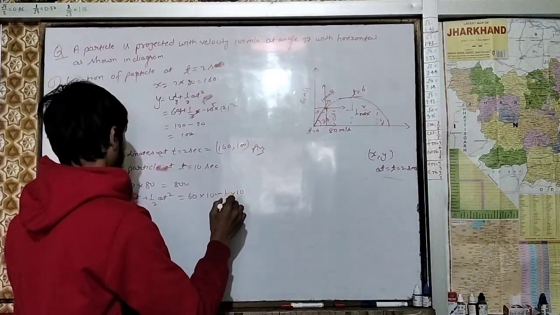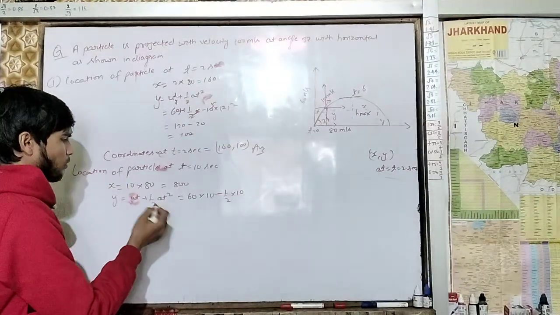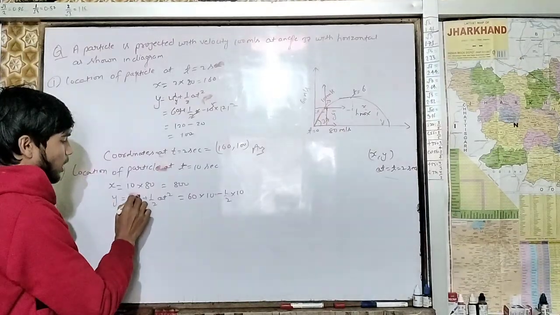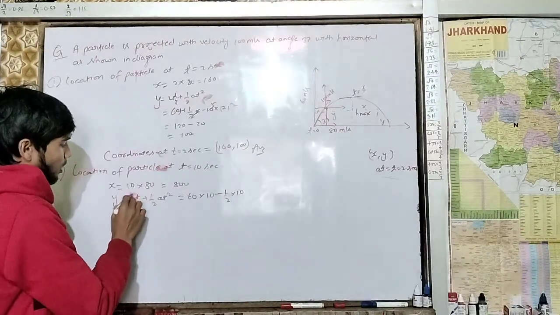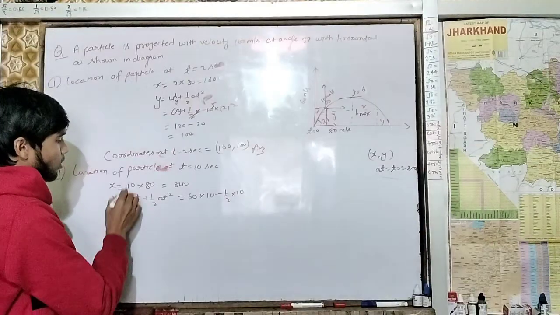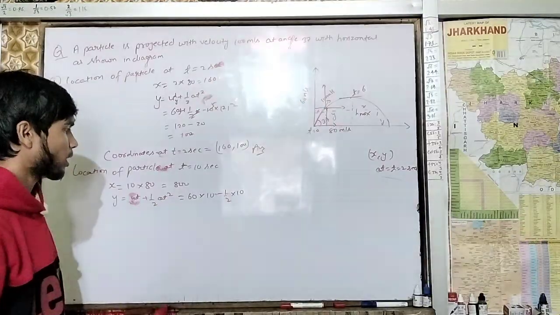Now look over here. The same formula you can use to calculate x, where this term will become 0. So finally we will have this left term, which is ut. So u is 80 and t is 10, and this term became 0.